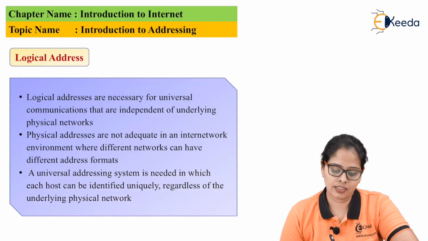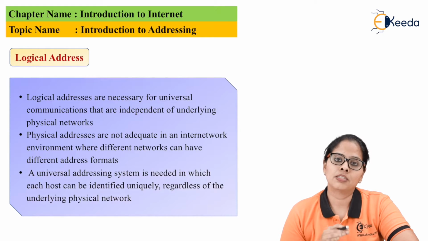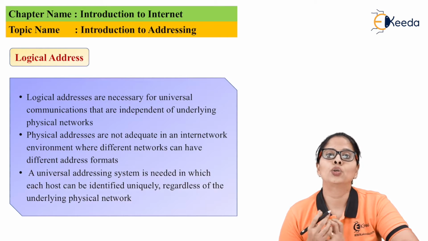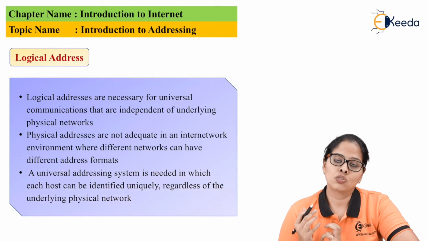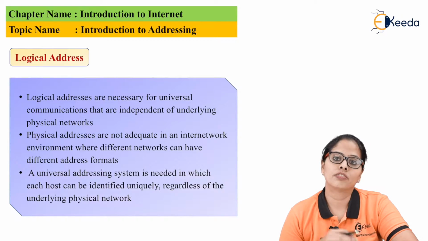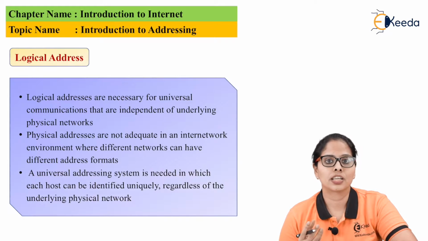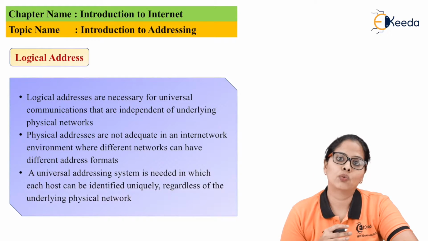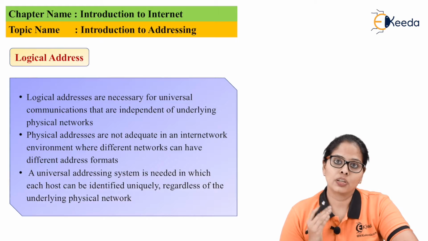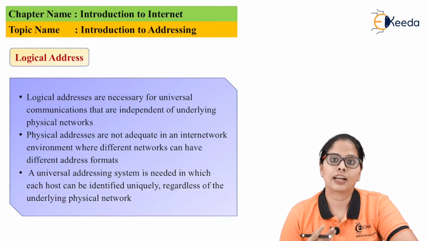Physical addresses are not adequate in an inter-network environment where different networks can have different address formats. Whenever we are connecting 2 different networks, we cannot use a physical address because the physical address keeps changing as you move from one network to another. So in that case, you need a different addressing method.